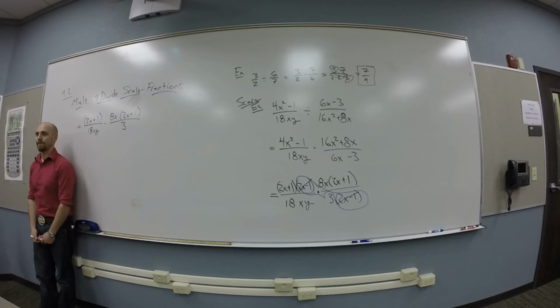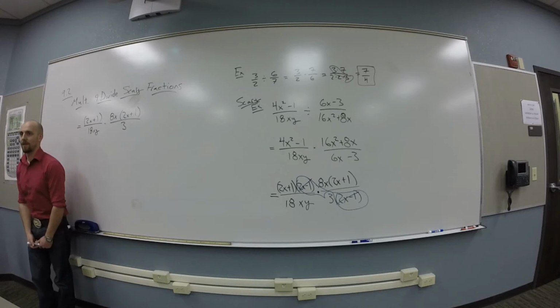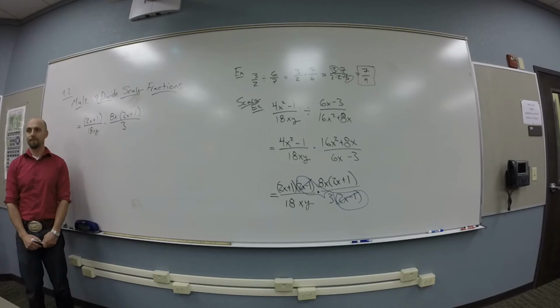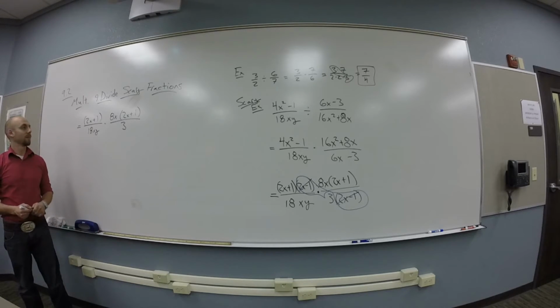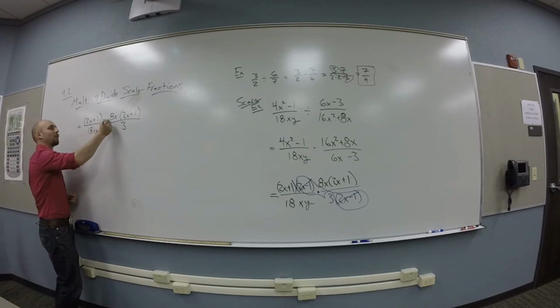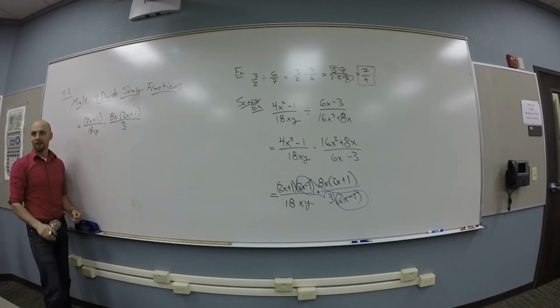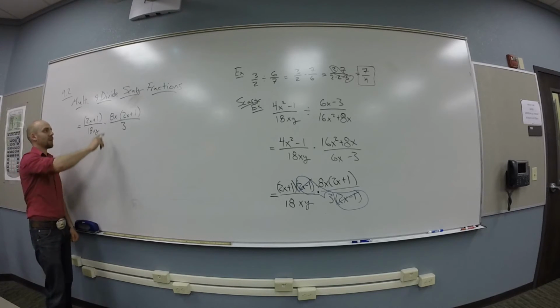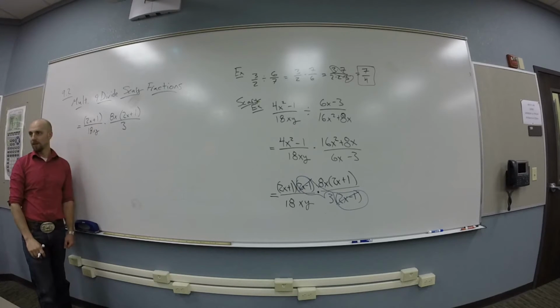Can we do the 8x and the 18xy or no? You can do some of it. Like, you can do 8x, so like 2 with an 8 is 4x, and then the 18 is 9y? Would that work, or does that not work? No, that's perfect. So I want to look at the 8 and the 18, right? And think to myself, okay, what can I cancel here? What can I cancel out of 8 and 18? 2.